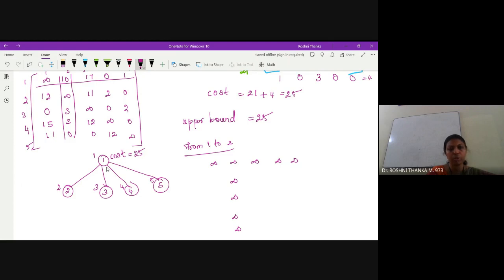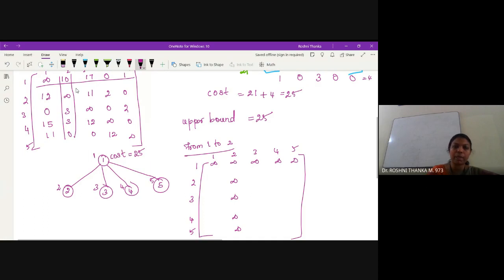That also we know. So if I write the updated matrix, it will be like this: columns 1, 2, 3, 4, 5, and rows 1, 2, 3, 4, and 5.